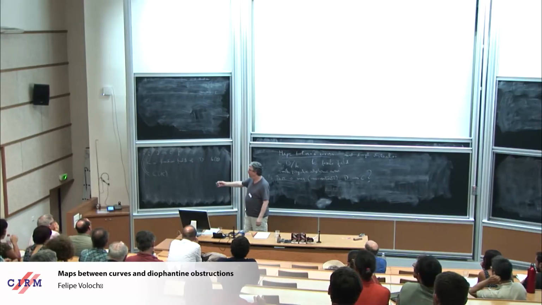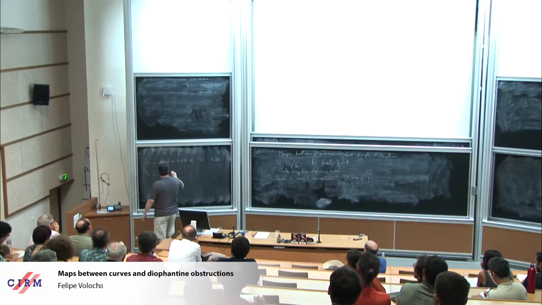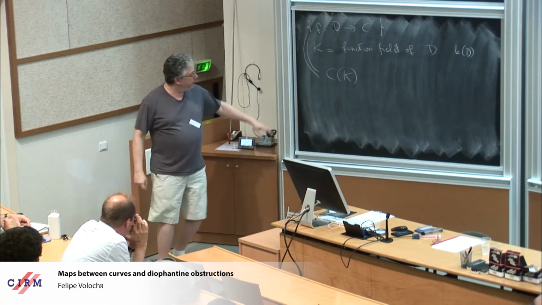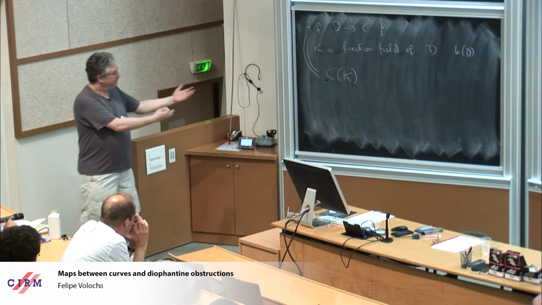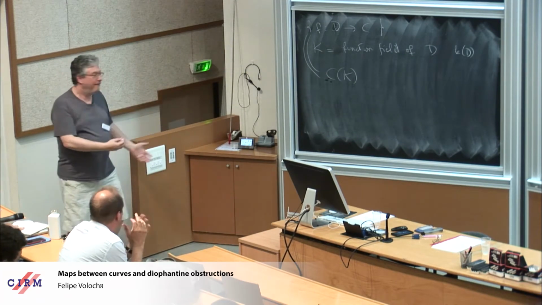So that's the second way of viewing this set, and by viewing it this way, I'll bring in some ideas from arithmetic geometry. This is sort of a diophantine equation, if you like.